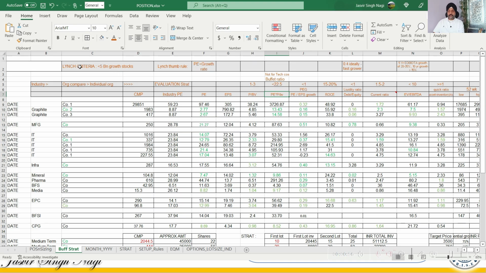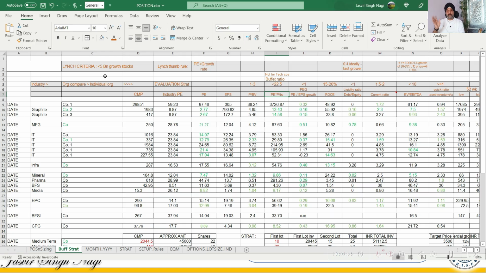One of the shortlisting criteria I mentioned earlier is called the Lynch criteria, which is choosing companies upwards of $5 billion. I do the same, by the way, whichever part of the world. Unless I have a peculiar interest in small cap and mid cap ones, right?